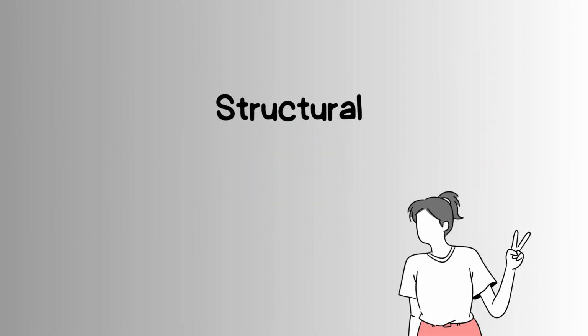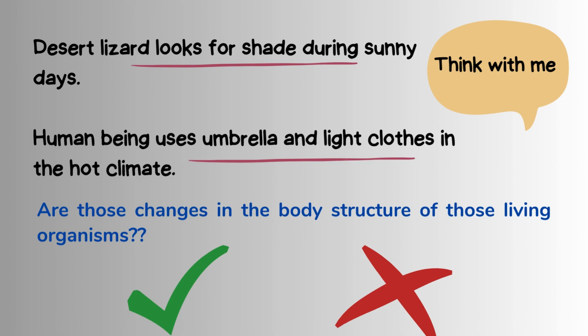Structural adaptation, okay? So we have here something to think about. We want to think about this information that we have. First, we know that the desert lizard looks for shade during sunny days, as we studied in lesson 1.